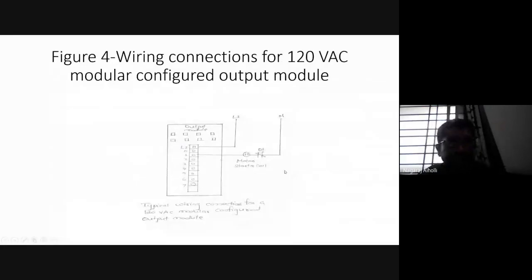According to their industrial specifications, they are connecting this motor to output number 1. According to their industrial requirement, they connect the required inputs and outputs to specific terminals. It depends on the PLC also, and on the manufacturer also. Clear here?